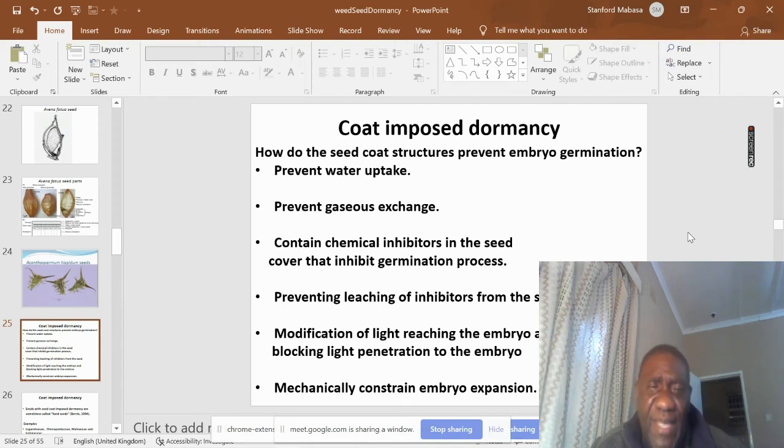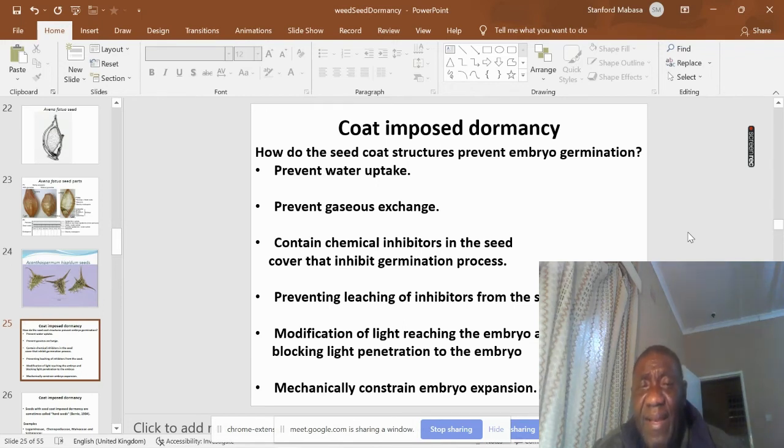Of course, depending on the weed species. Preventing leaching, that is, the seed coat may prevent leaching of inhibitors from the seed. Now, the seed may contain inhibitors inside it, and you may want to get rid of them before the seed can germinate.